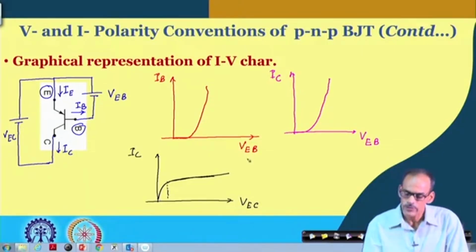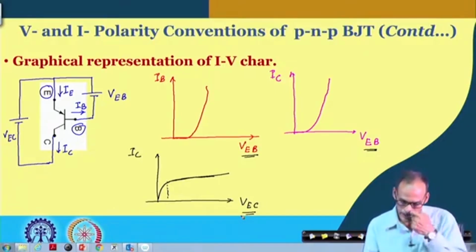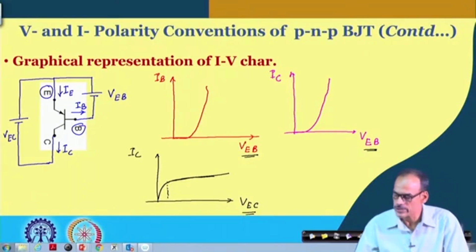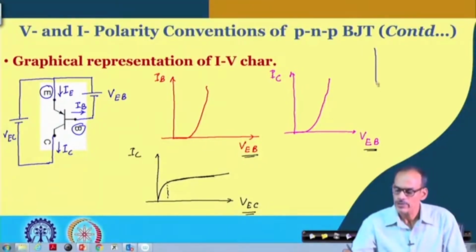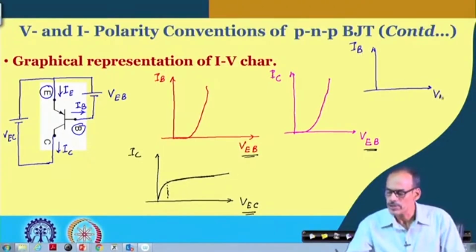Now, since we have VEB here and VEC instead of VCE, that makes a slightly different convention with respect to NPN. So sometimes people plot IB versus VBE.